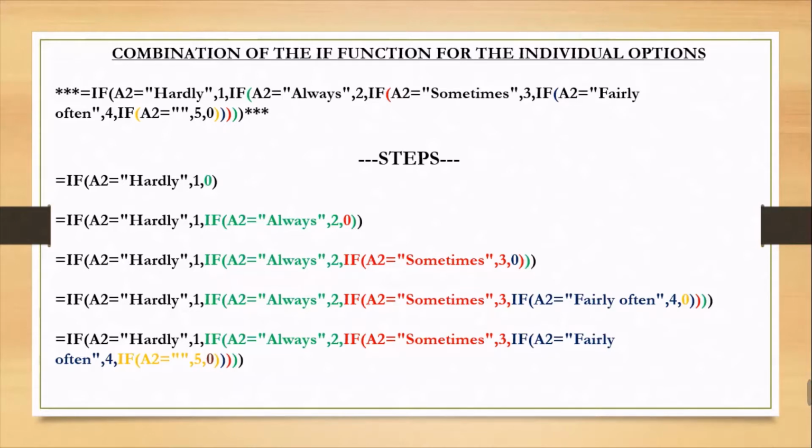I say this because there are some if functions that are like a branched tree, where after agreeing that A2 is equals hardly and it is a yes, you now have to consider what type of hardly it is. I'll be doing the next video that would throw more light on that, to help us in case we have to do a nested if function that has that kind of flow.